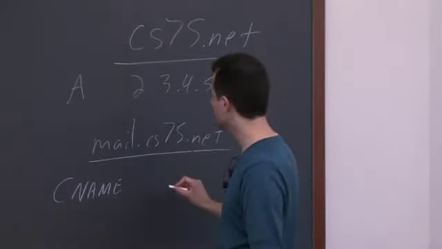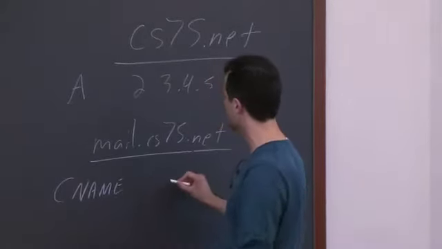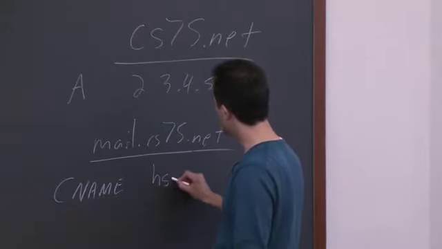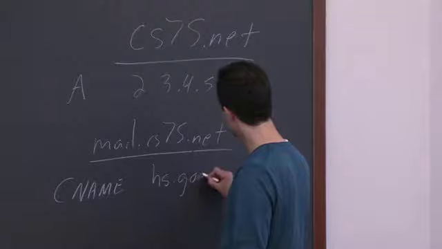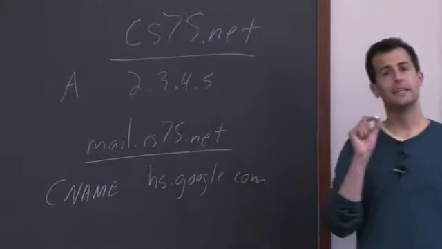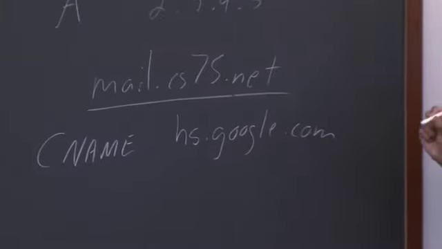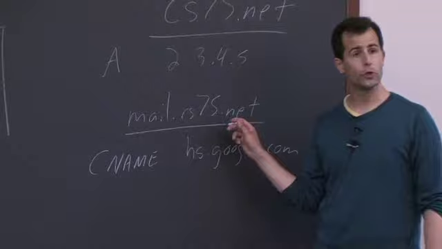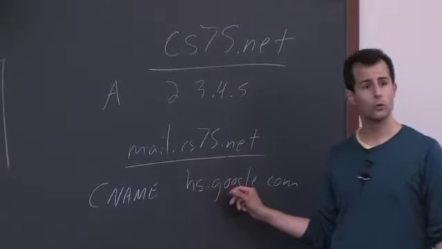And so what they'll probably tell me to do is, again, here's the white lie, because I'm making this part up as I go. Actually, this might actually be true: hs.google.com. This actually might be correct. Hostingservices.google.com. What this tells the registrar is this. Map mail.cs75.net to another fully qualified domain name, this time hs.google.com.